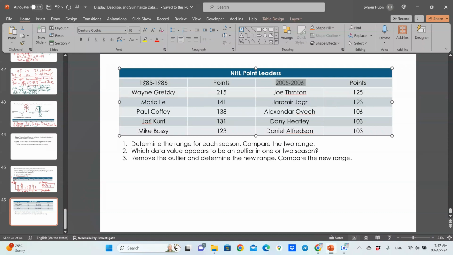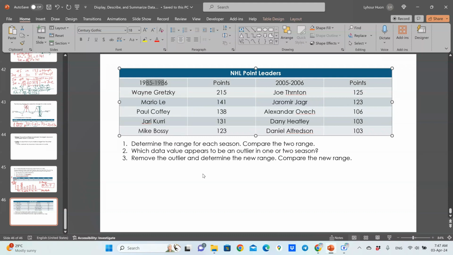For the first season, there are five leaders named here and the points they received. And the second season also has five leaders who received these points.